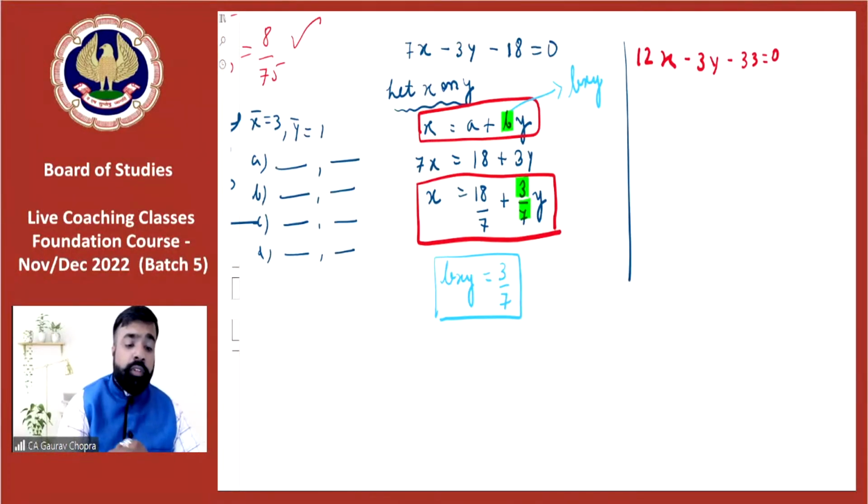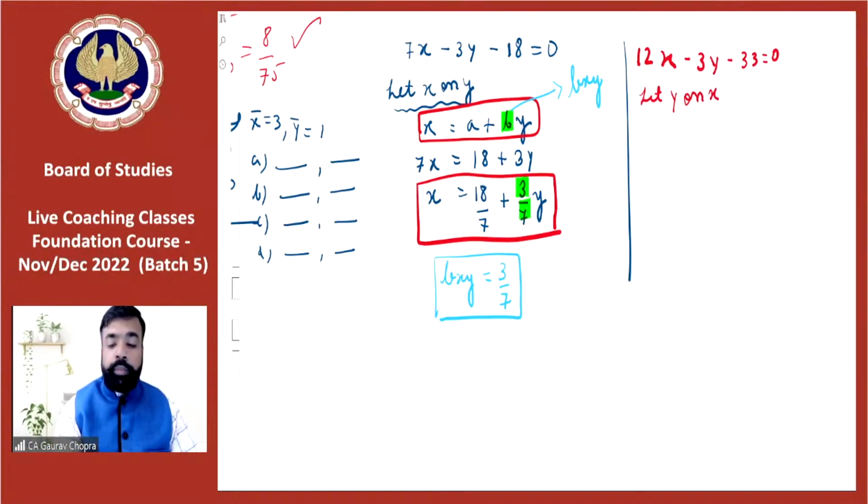Similarly, if the first equation was x on y, then of course the second equation should be y on x. So let the second equation be y on x, and now we will arrange it in this format: y is equal to a plus bx. Now what is the arrangement?